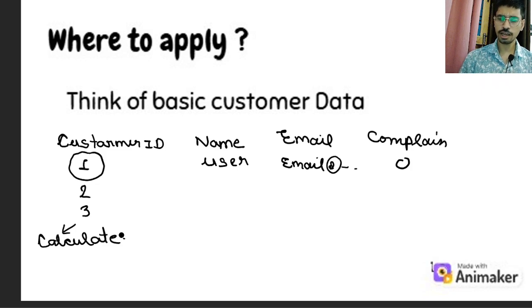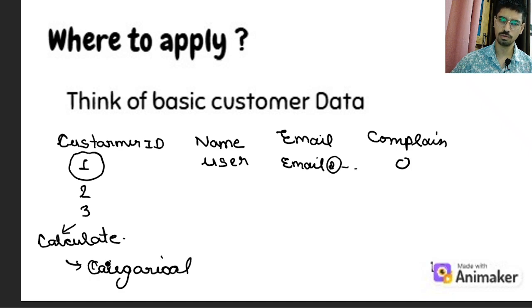That means that although it is a number, it holds no numerical value. Therefore, we can say it is categorical data, because it has no numerical value.